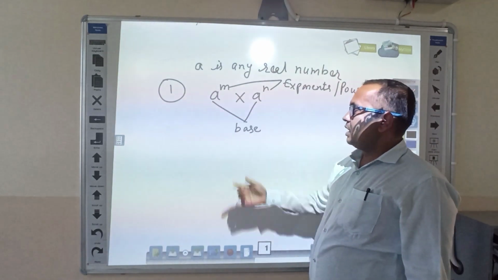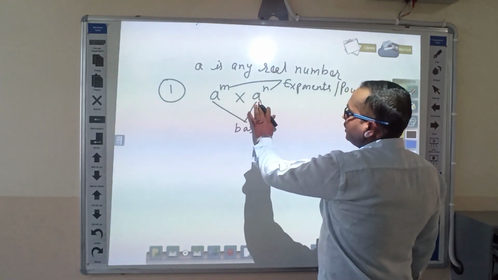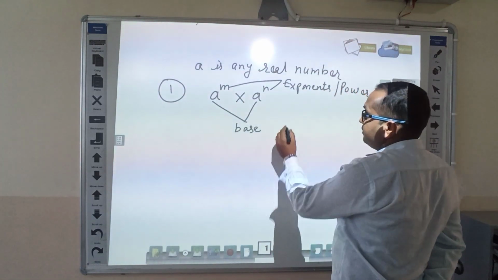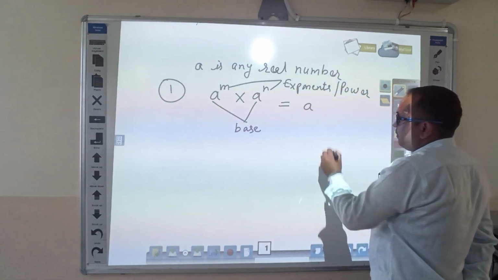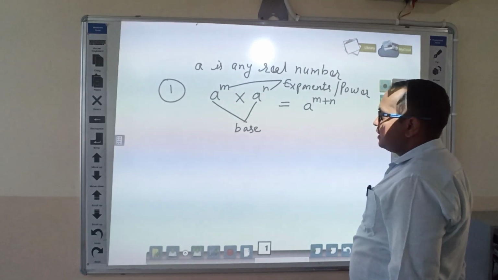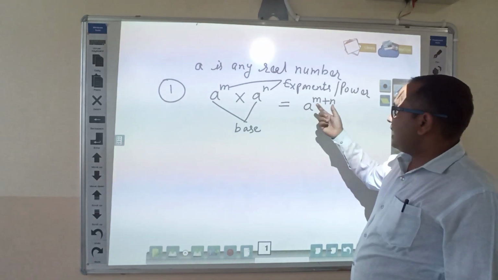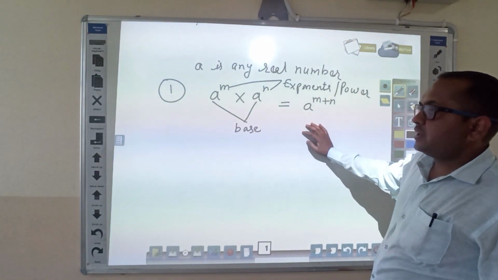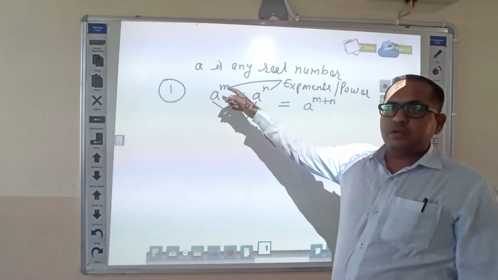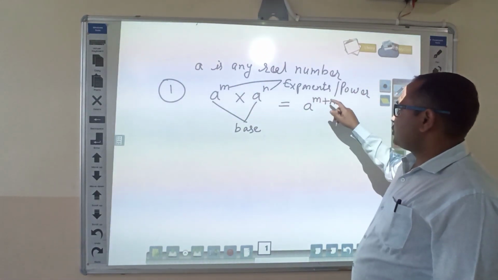So when the bases are equal and powers or exponents are different, and these two real numbers are in multiplication with each other, then we simply take base as common and the exponents are added. This is the first law of exponent, in which if the bases are equal and exponents are different, we take base as common and add the exponent.